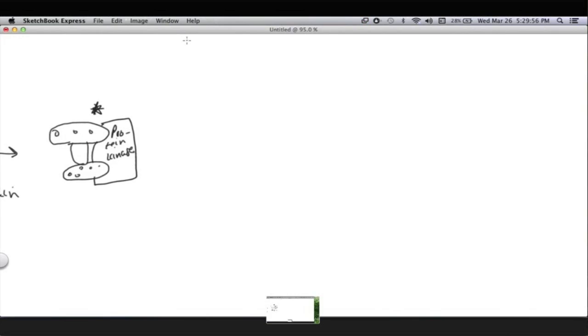Okay. Guess I'll just show. It's going to enter the nucleus. This is the transcription factor.